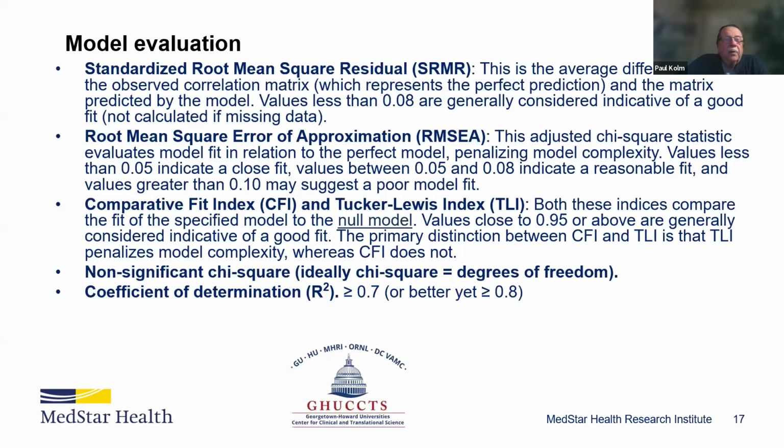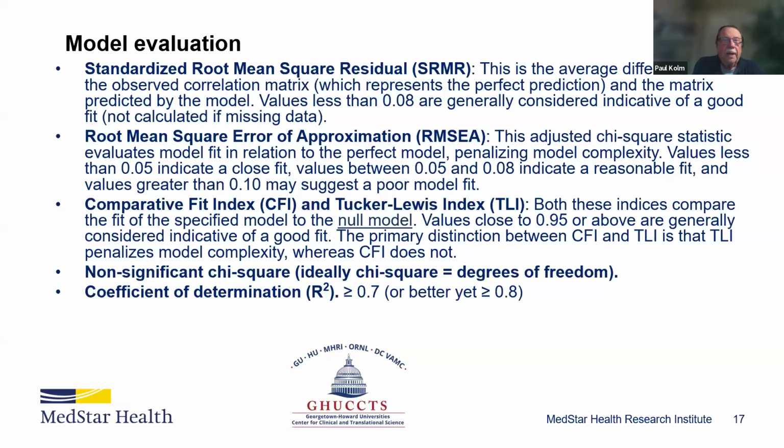And in confirmatory factor analysis, this is the most important statistic that we'll look at. And then the last one here, the coefficient of determination, or the R squared value, the percent of variance that's accounted for by the latent variable.